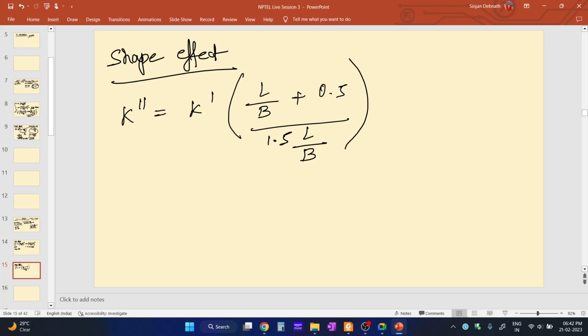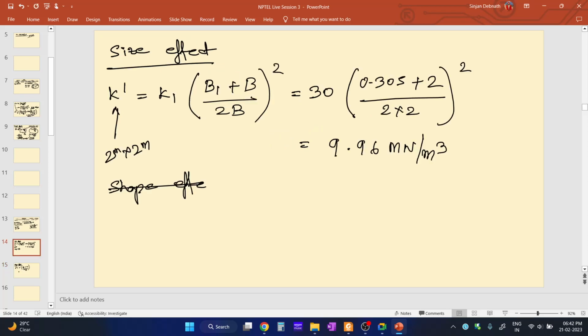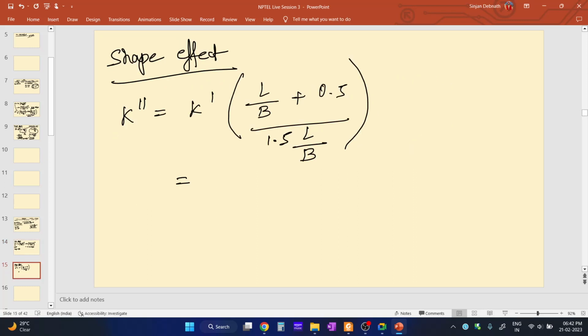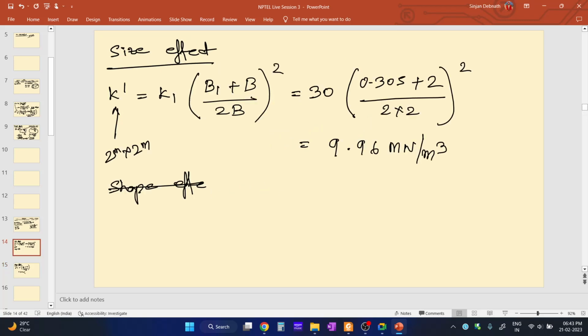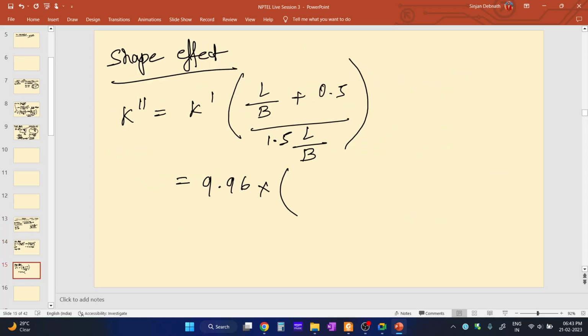Okay. So now what is k dash? K dash is equal to 9.96 meganewton per meter cube. What is the length of the foundation? It is 3 meter. What is the breadth? It is 2 meter.